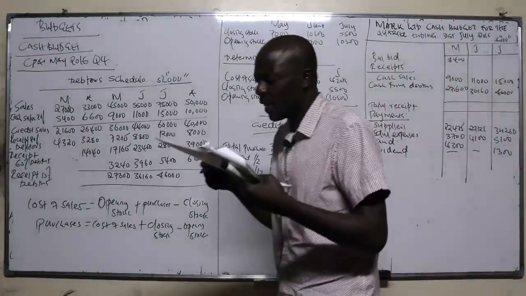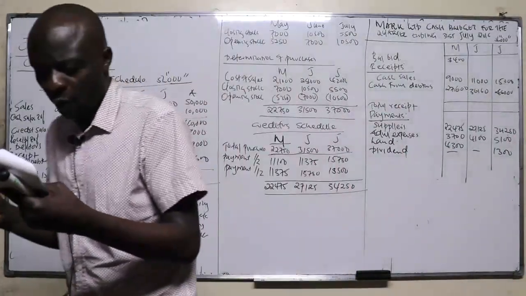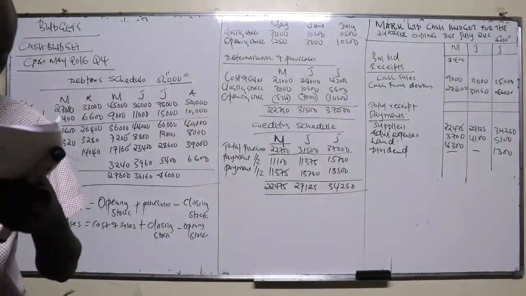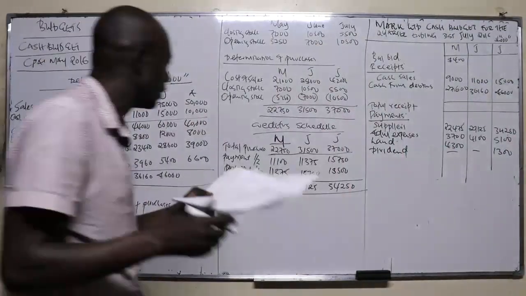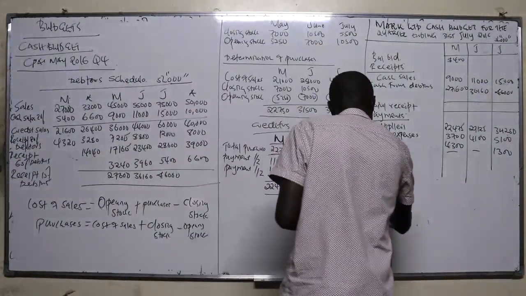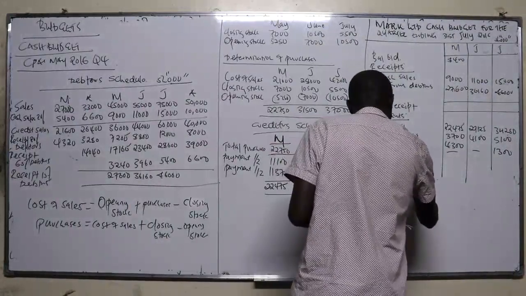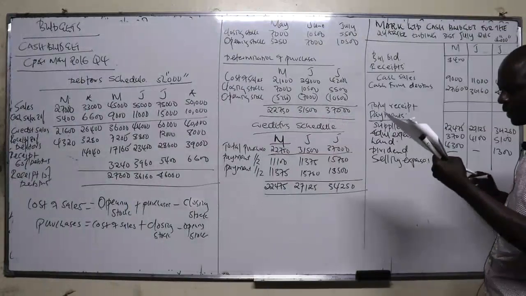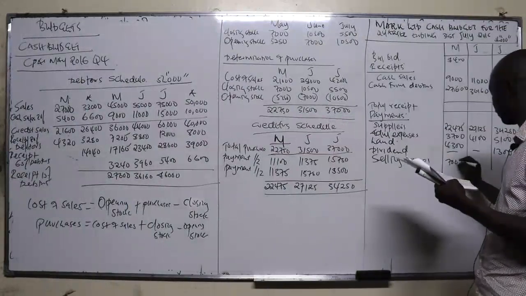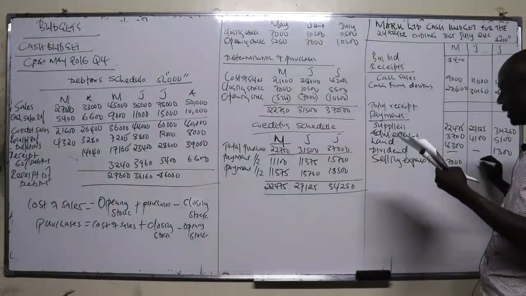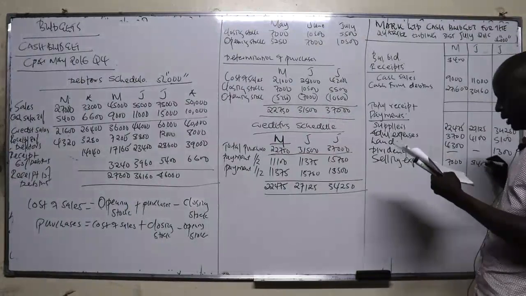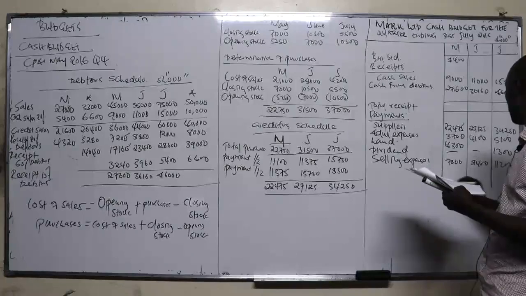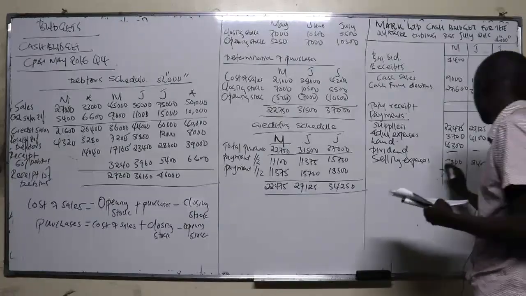So the cash balance, they must maintain. Then we have some other expenses. We have selling expenses. Nothing has been mentioned about selling expenses, so it is 7,000 for May, 8,000, and the other one is 11,200.